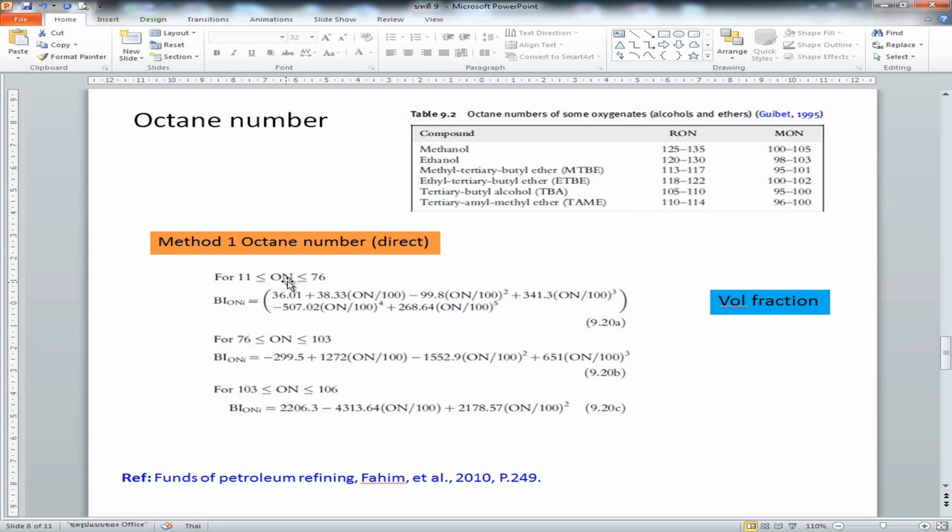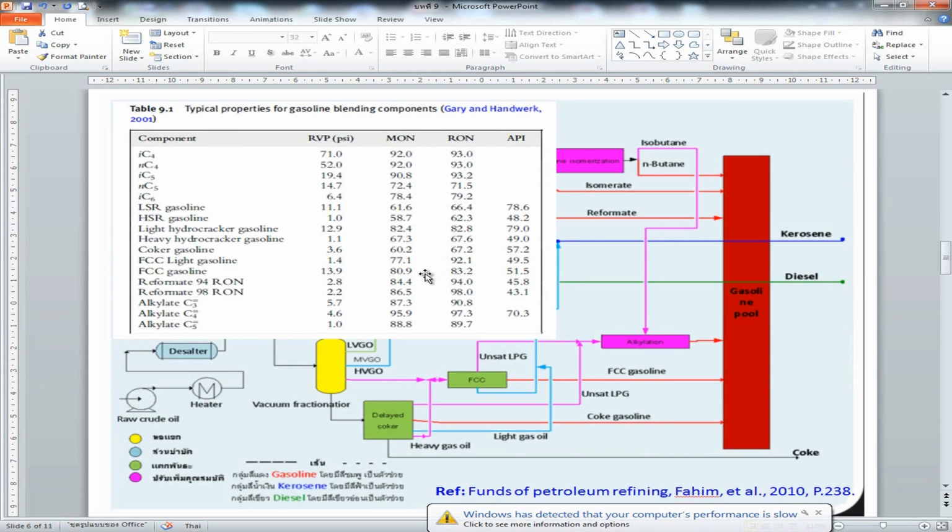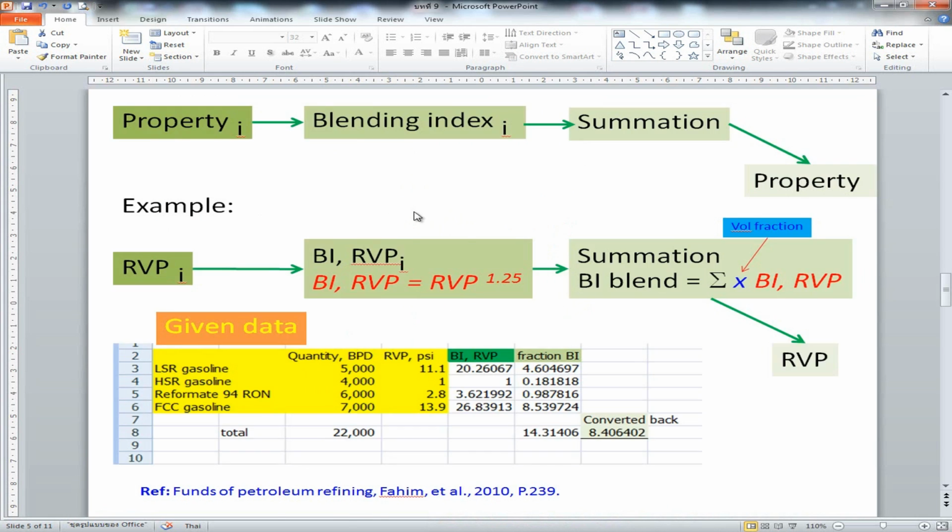For example, if we are looking at light straight run gasoline, which has an octane number around 61 to 67, and remind you again, we are using light straight run gasoline, it has an octane number of about 61.6.